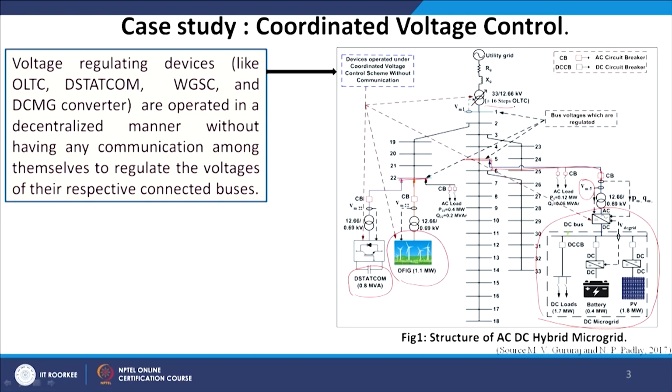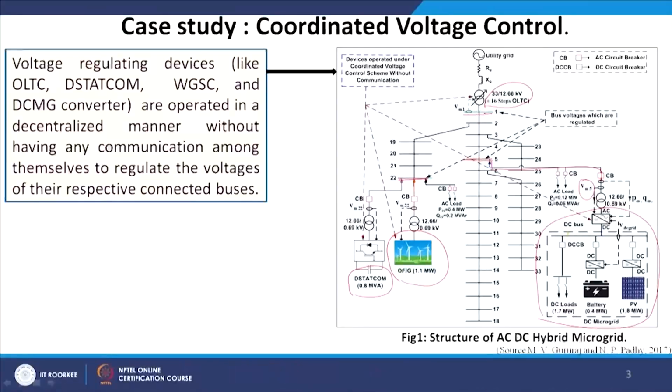And we do have an OLTC at bus number 1. So, what are the major changes we have incorporated? We have taken the IEEE 33 bus system and introduced OLTC at bus number 1, D-STATCOM as well as DFIG wind generator at bus number 22, and at bus number 5 we have introduced a DC microgrid. Excluding all those devices and their ratings, the rest of the loading, the dimensions as well as the parameters of the lines and cables remain the same as per the IEEE system.